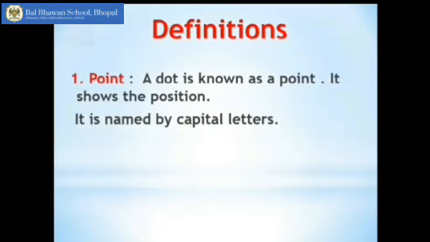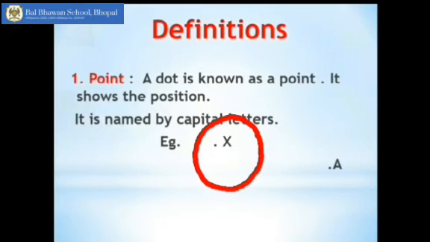A dot is known as a point and it shows us an exact position. A point is named using a capital letter. As you can see in this example, it is point X. This is point A.